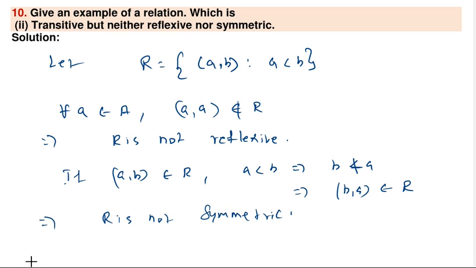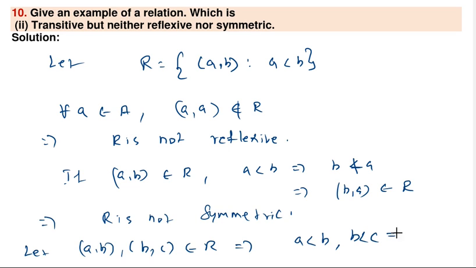And the third one, transitive. Let (a,b) and (b,c) belong to R. This implies a is less than b and b is less than c. Combining these two, a is less than c, then (a,c) belongs to R. Because (a,c) belongs to R, we can conclude it is transitive.